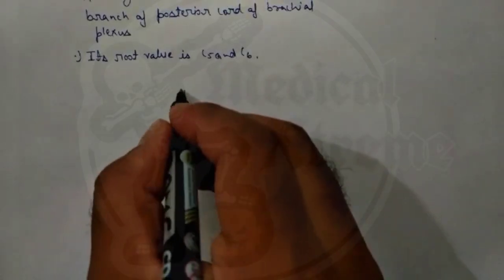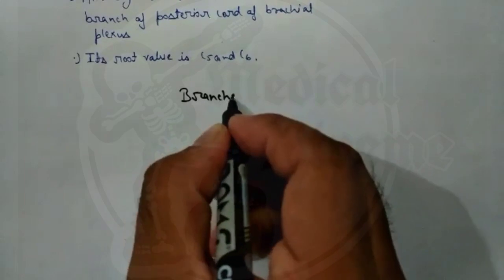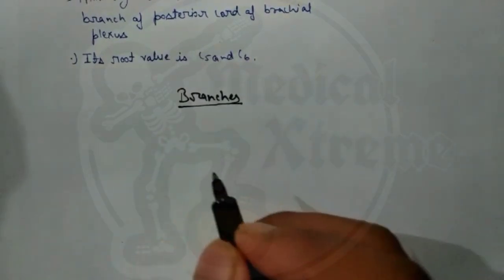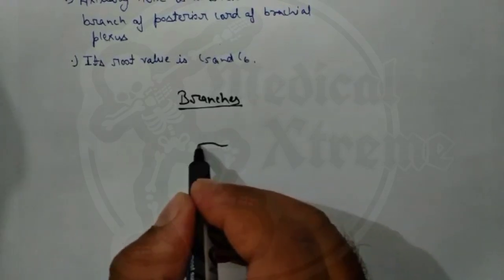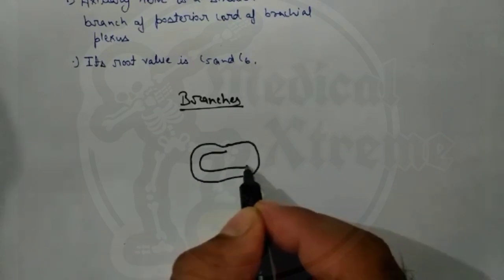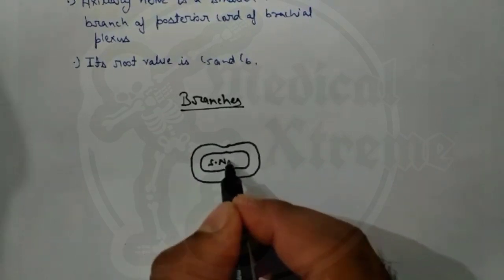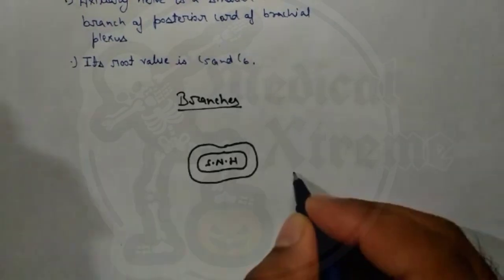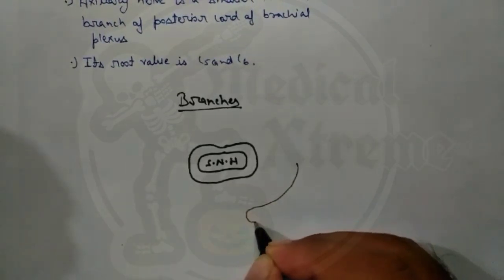Now let's talk about its branches. I will tell you this with a diagram. Suppose this is our surgical neck of humerus. This is deltoid muscle.